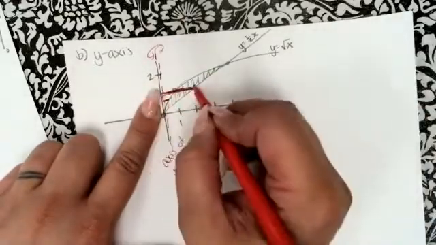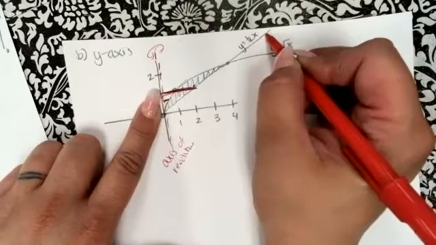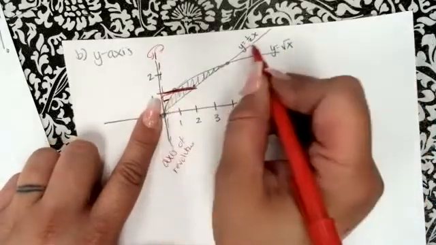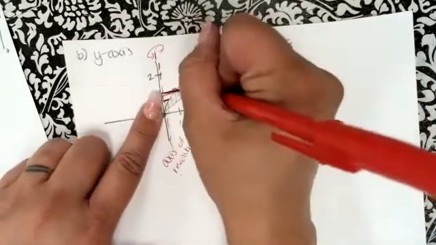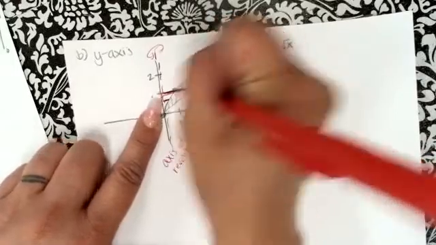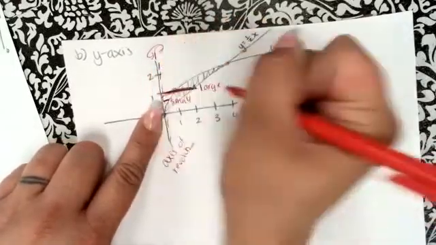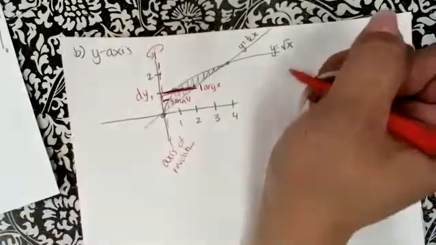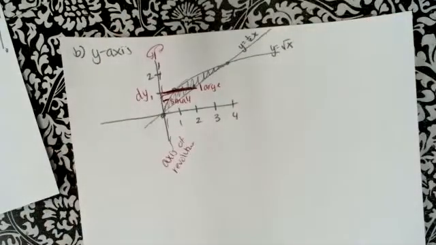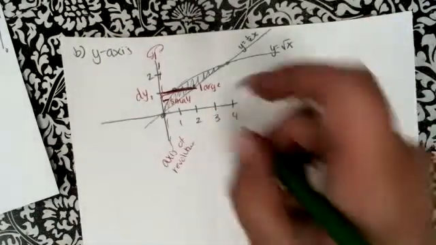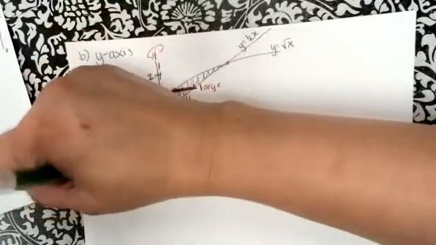So the big one is now actually the line, y is 1/2 x, and the small one is going to be the square root of x. So this is going to be the large, this is going to be the small. And this is a dy problem. What that means is everything needs to be in terms of y.